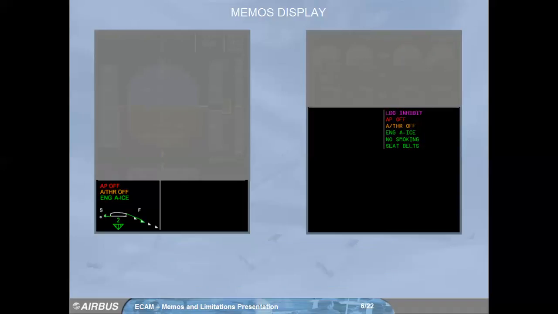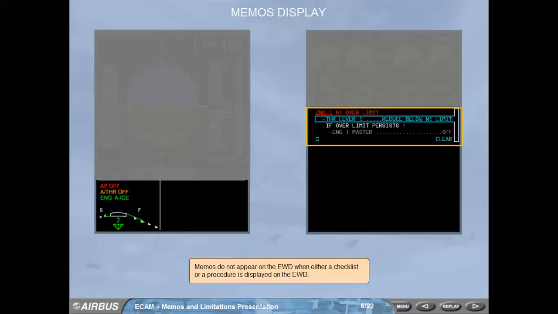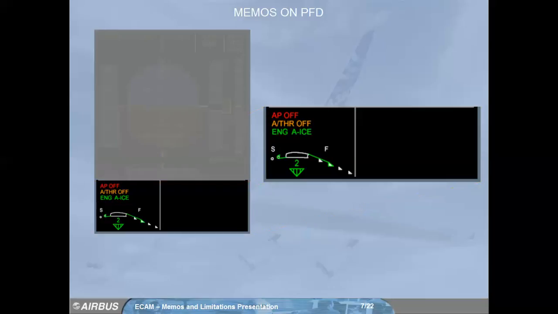Memos do not appear on the EWD when either a checklist or a procedure is displayed on the EWD. A maximum of 3 memo lines can be displayed on the lower part of the PFD.